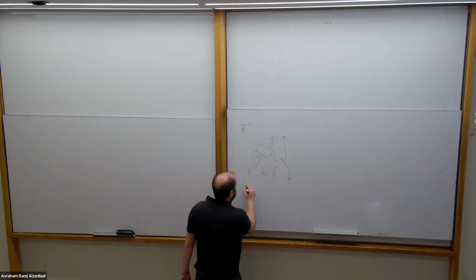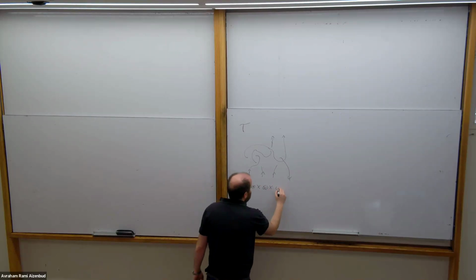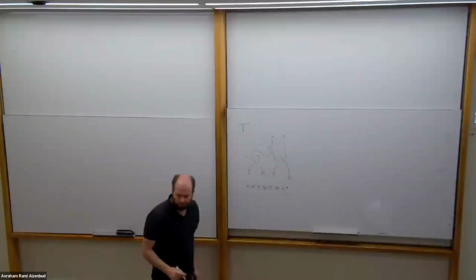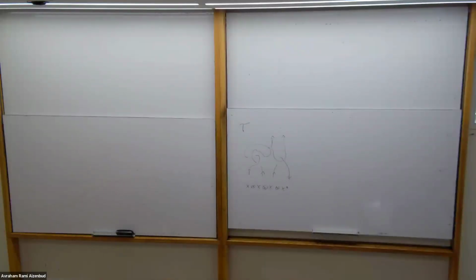So if this is x, each time we have arrows up and down, and we can write x times x times x times down. And then I can try to assign a morphism. And the idea is that I use the evaluation, co-evaluation, and the braiding each time.